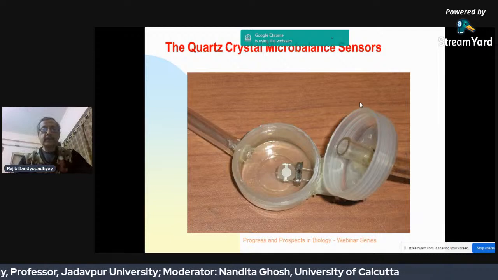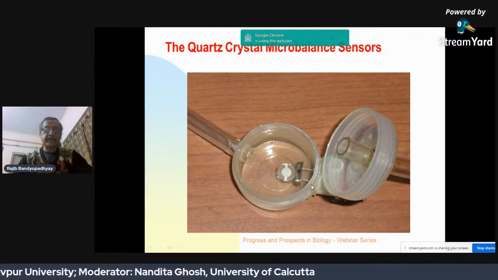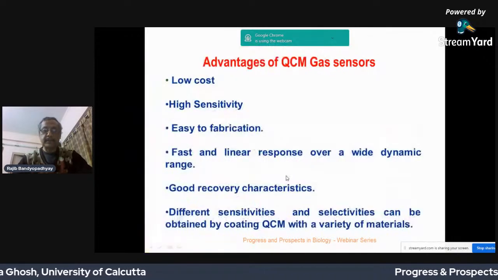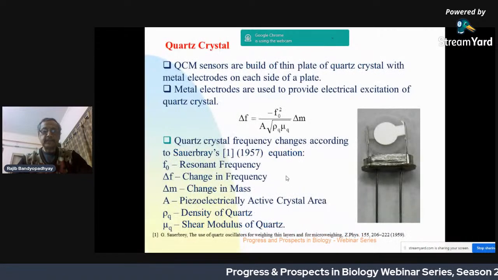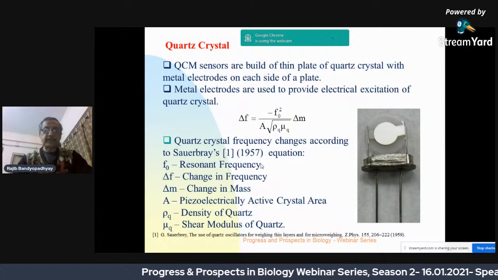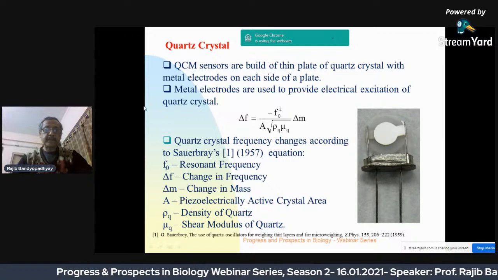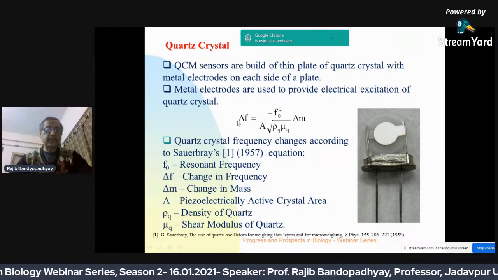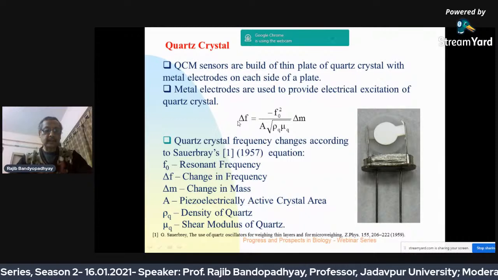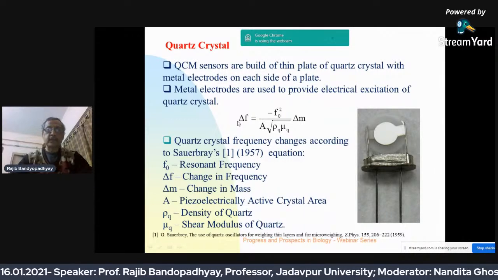And this is the quartz crystal microbalance sensor that we are making in our lab. This is the quartz crystal on which we coat a particular material, and these are the advantages. The basic principle is the change in the resonant frequency. Quartz crystals are used in watches and microprocessor or microcontroller boards.